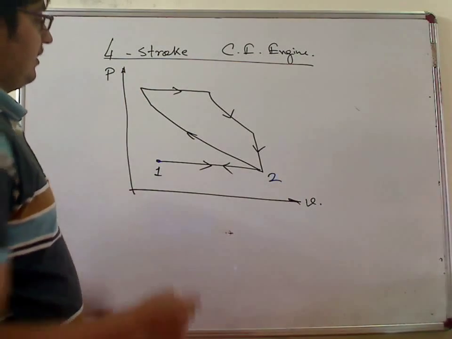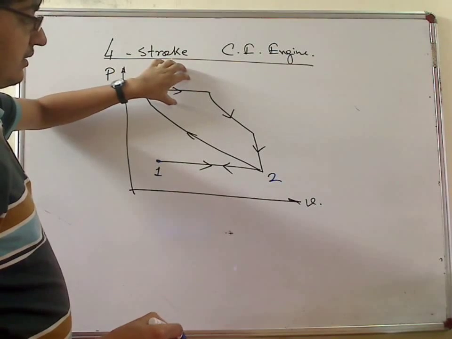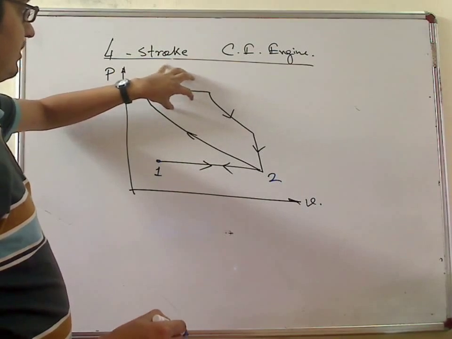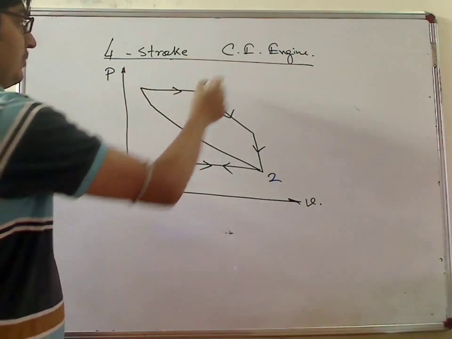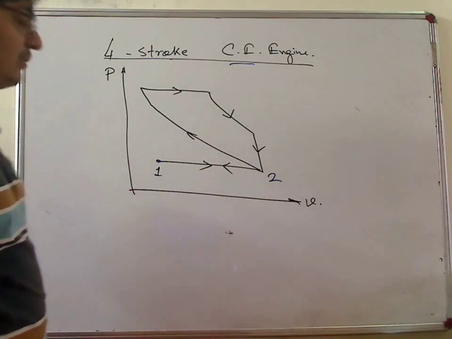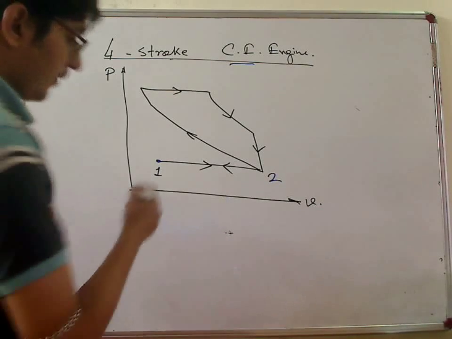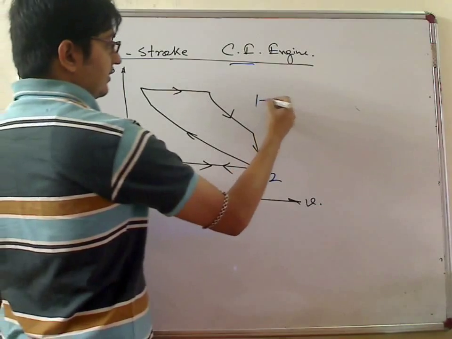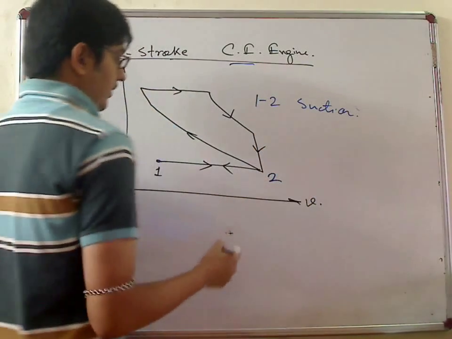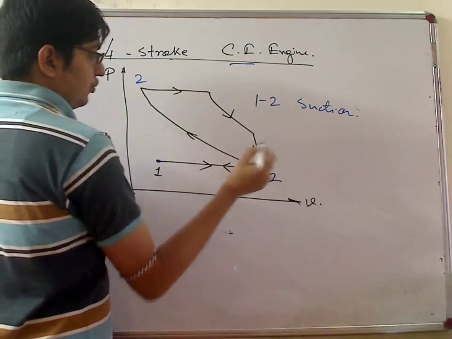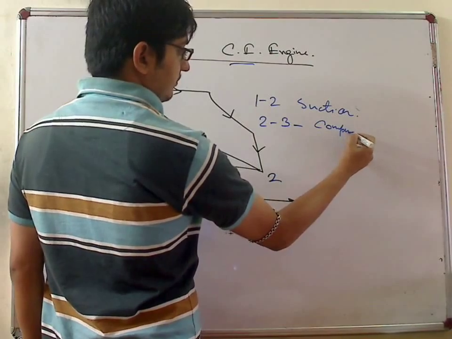You can notice that only in this upper portion is there some difference between the CI engine and the SI engine. So from 1 to 2 is suction. From 2 to 3 is compression.